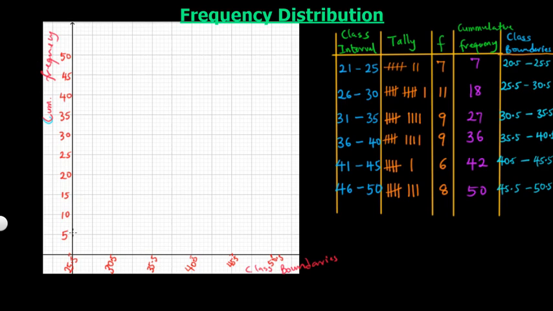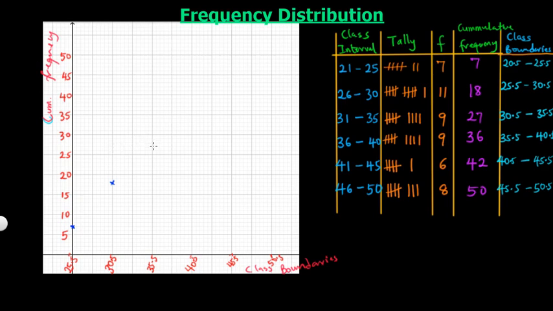So 6, 7. 7 is here. The next, at this upper boundary of 30.5, I have 18. Look at where I have 18. 18 is here. The next upper boundary is 35.5, and I have cumulative frequency 27.